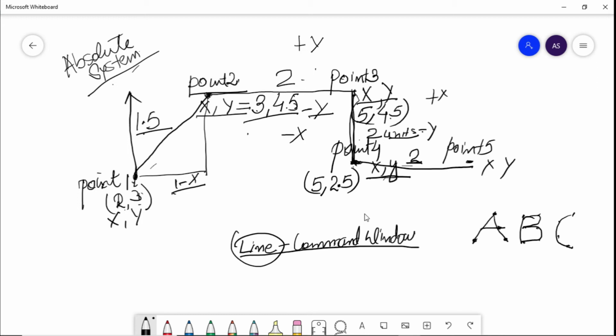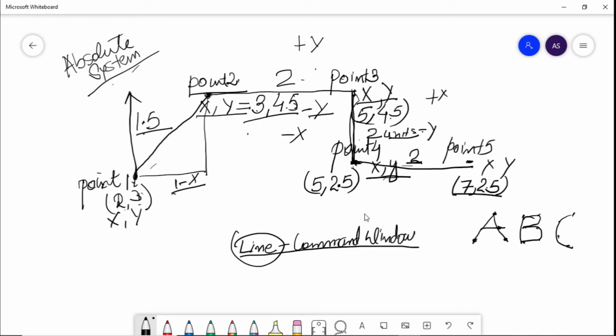Then at point 5 the value of x is 7 and the value of y remains 2.5. The value of x has increased by 2 units from the initial point 4, which was 5. So 5 plus 2 is equal to 7, and the value of y remains the same, which is 2.5.